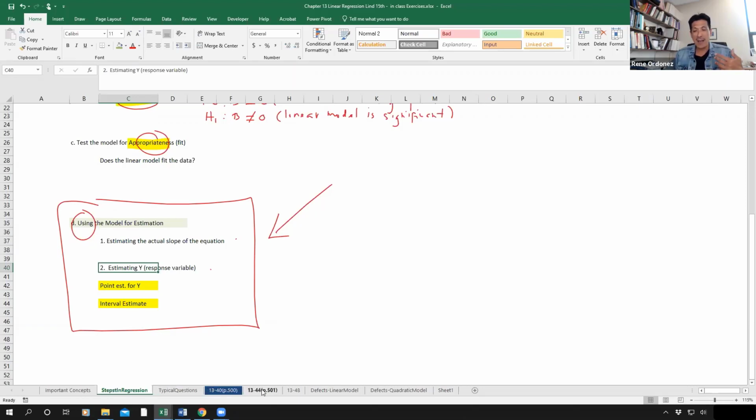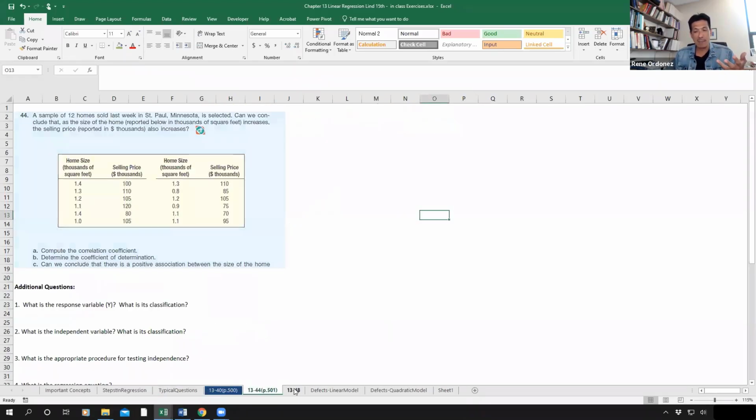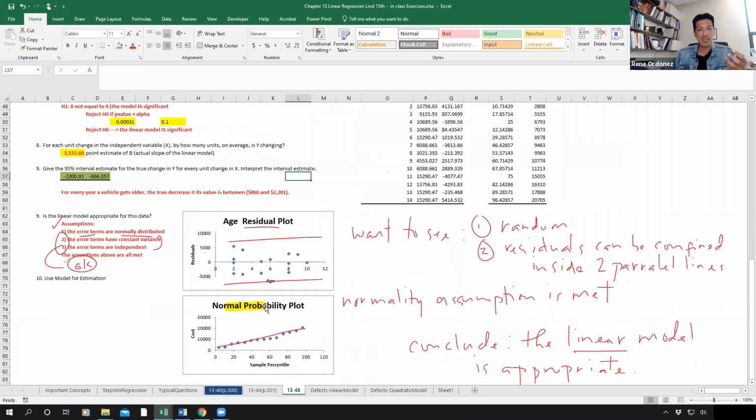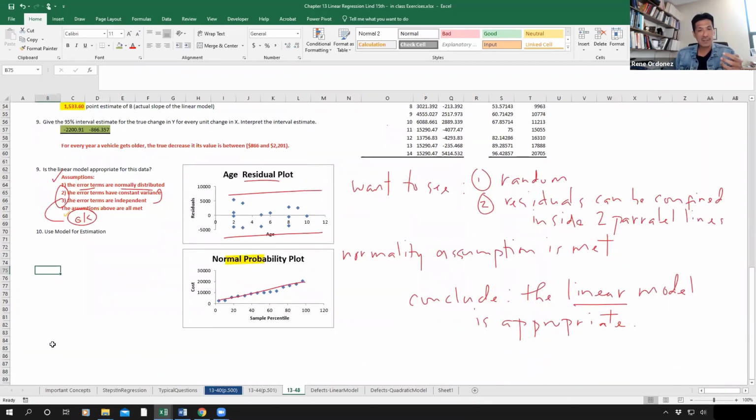So let's now add something to this problem. Let me move this number 10 down here. Here's a question where we will be using the model for estimation.